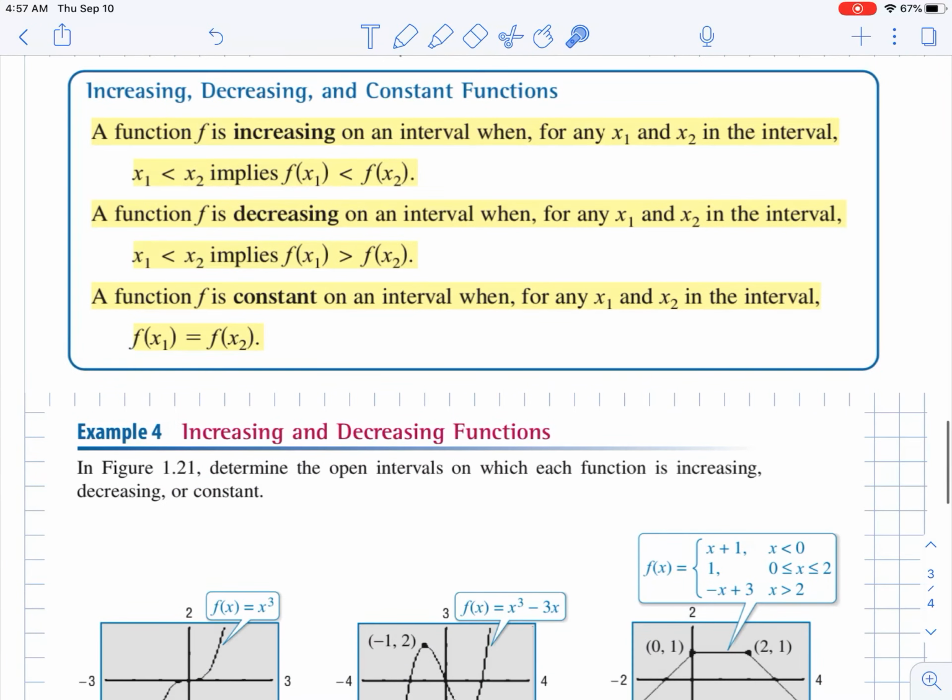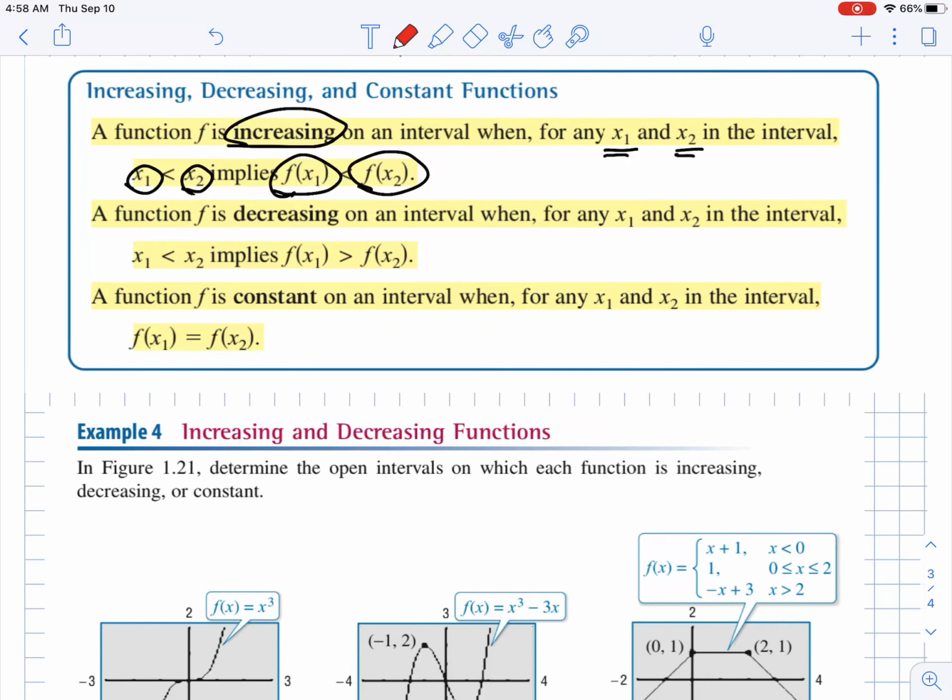Okay, so formally, a function is increasing on an interval when any lower value of x and the higher value of x in the interval, where x1 is less than x2, implies that f of x1 is less than f of x2. Basically it just means if I'm going from left to right, it's increasing if the y value on the left side is lower than the y value on the right side.